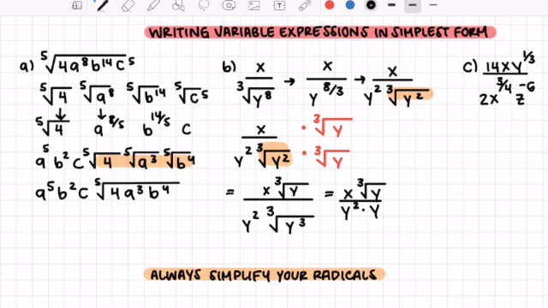And then I can combine those two together. So I would get left with x cubic root of y over y to the power of 3. That would be my final answer. Cool.